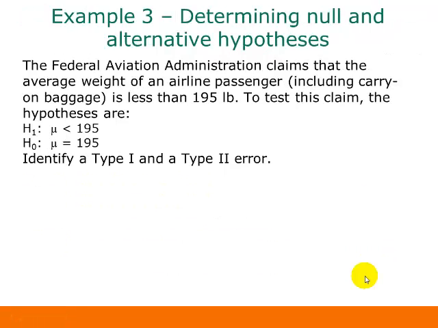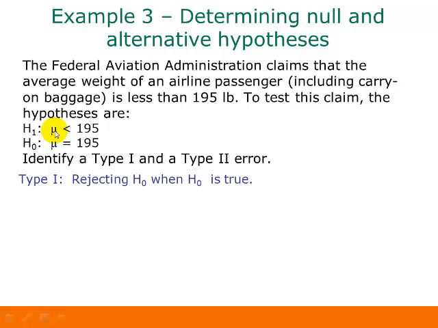Okay, and finally, our problem about the weight of an airline passenger. In this one, our null hypothesis was that the mean weight is equal to 195. Our alternative was that the mean weight is less than 195 pounds. So type 1 would mean rejecting the null hypothesis when the null hypothesis is true.